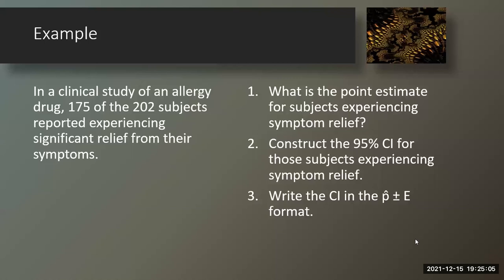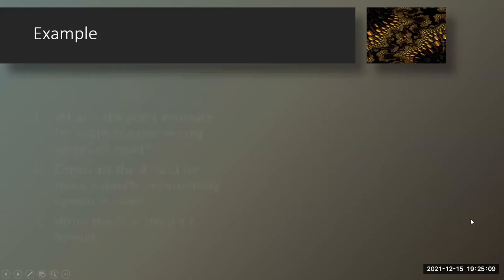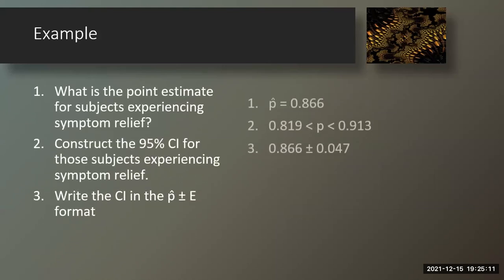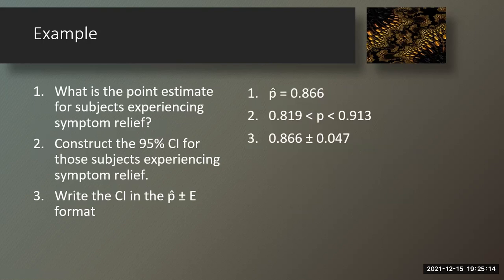So there's a 0.866, and there's a 0.819 to 0.913. So how do we come up with the 0.866? I need to find the 0.047.